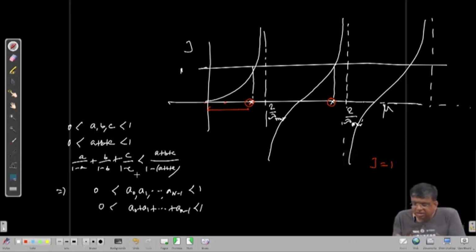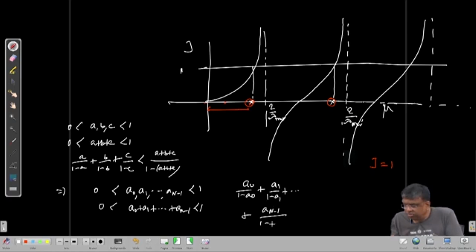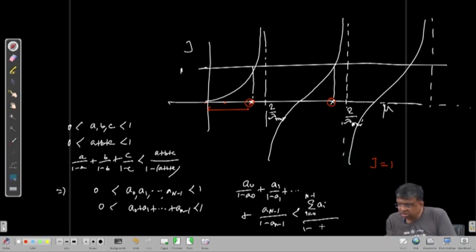Then we can extend this: A0 by 1 minus A0, A1 by 1 minus A1, plus dot dot dot, A N minus 1 by 1 minus A N minus 1, is less than the summation of these terms, now it is summation A i by 1 minus the same summation, right.